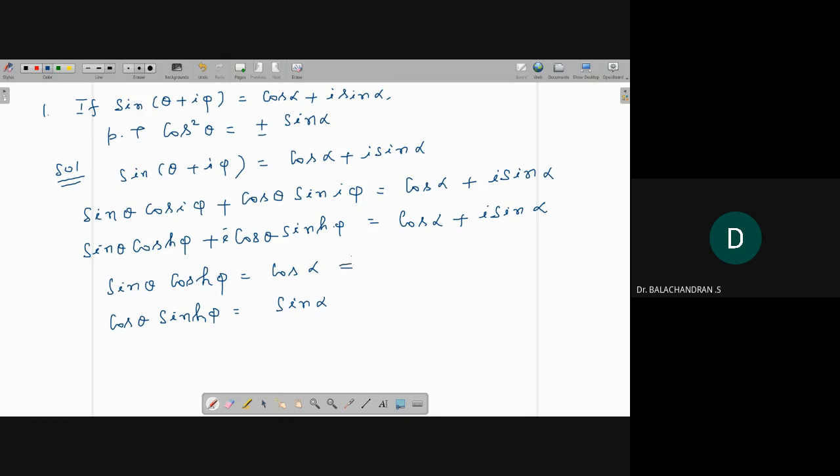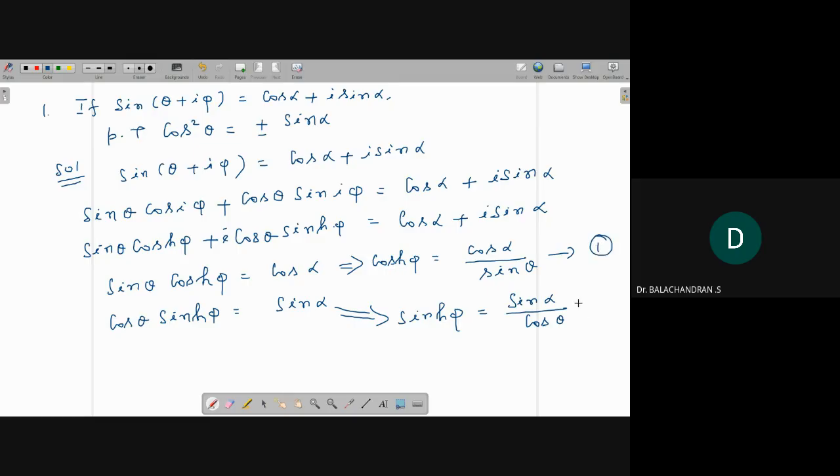You should write from this cosh phi is equal to cos alpha divided by sin theta. Similarly, from this you can write sinh phi equal to sin alpha divided by cos theta. And you know that cosh square phi minus sinh square phi equals 1.